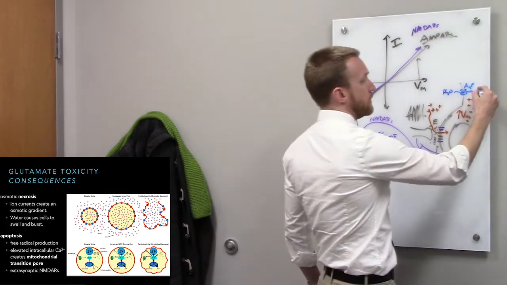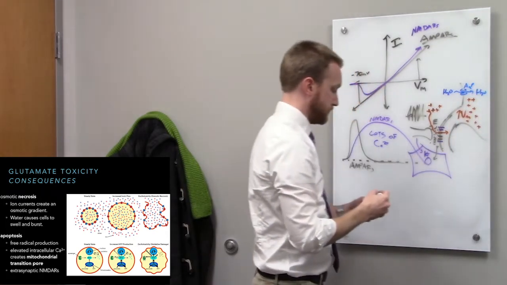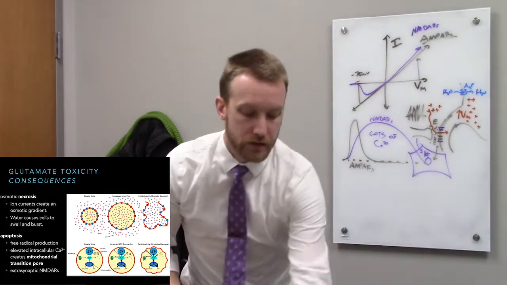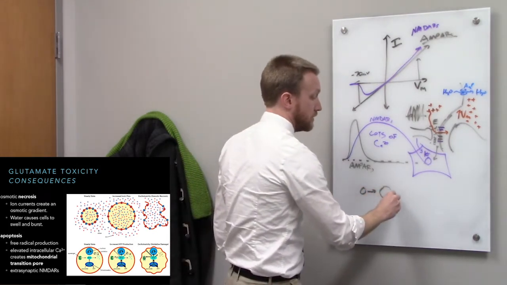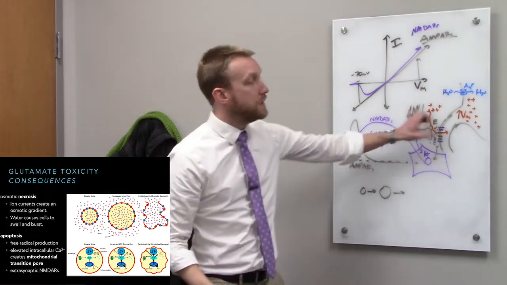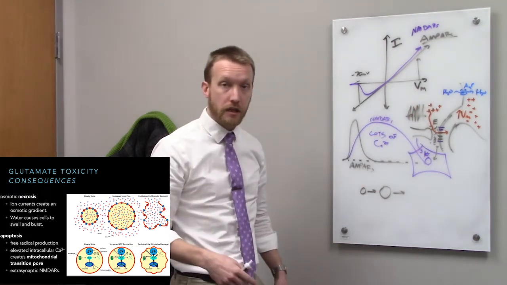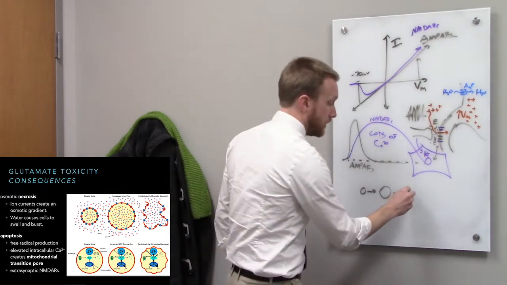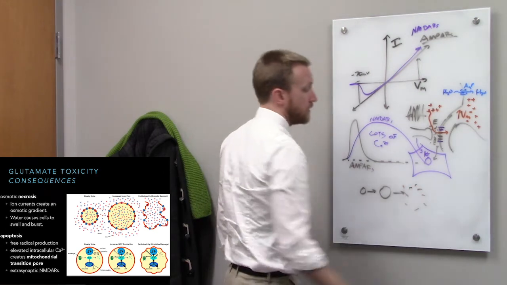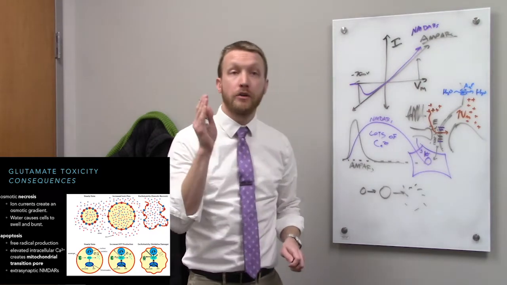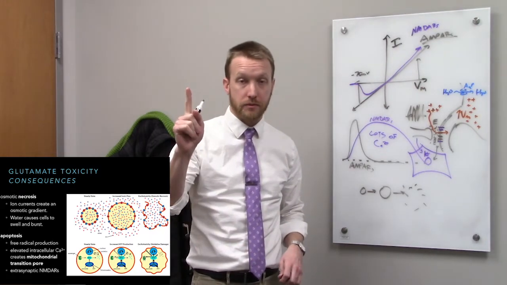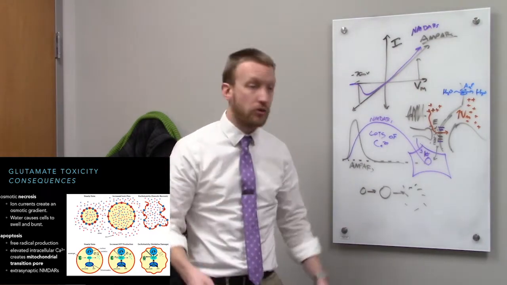And as the cell fills up with water, what this is going to cause is a little bit of swelling. And if we continue to excite the cell, bring in ions, bring in water, it's going to eventually pop. So it'll balloon up too big, pop, and there we have necrosis. So that's one of the ways that we can kill cells in an uncontrolled manner.